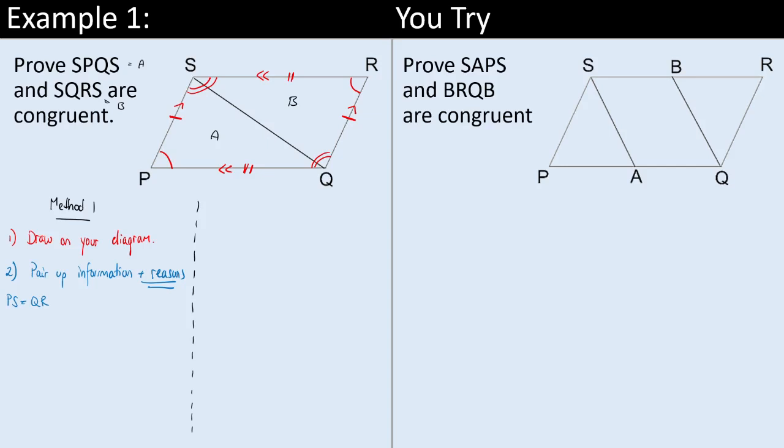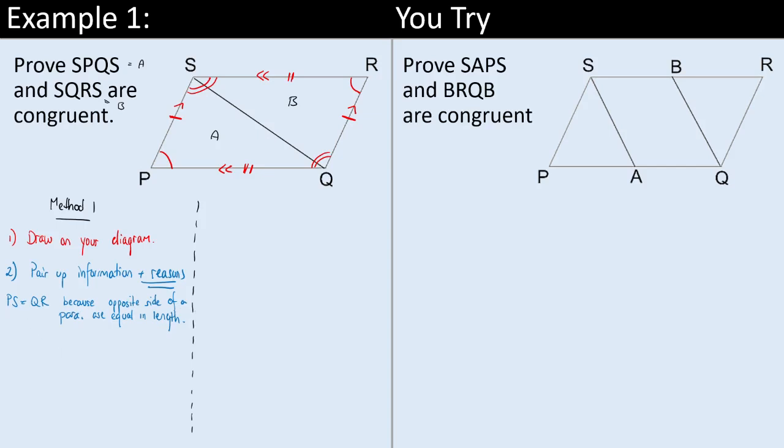We've got to say how we know that. So PS equals QR because opposite sides of a parallelogram (I'm just going to write para) are equal in length. There we go. Easy enough. Statement, reasoning. Got to pair them up.